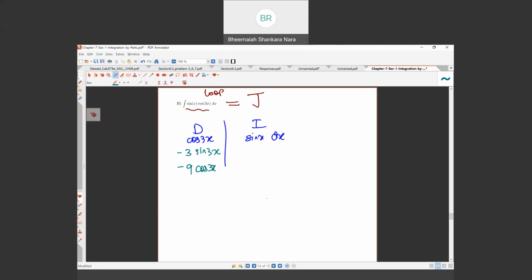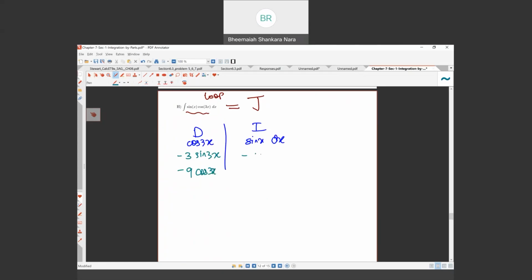Integrate the second function, negative cosine. Integrate again, negative sine. So now we know the rule for the table. Multiply these terms with plus sign, multiply these terms with negative sign, multiply out these last two terms with a positive sign and integrate. So let's write the first step.